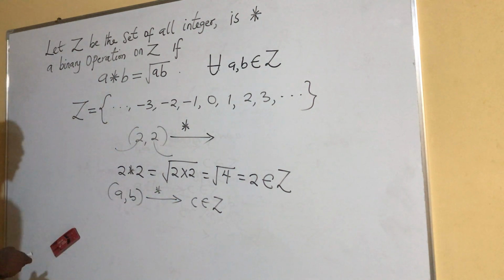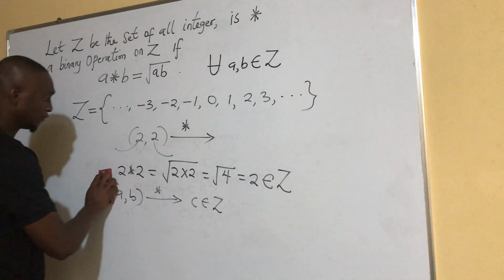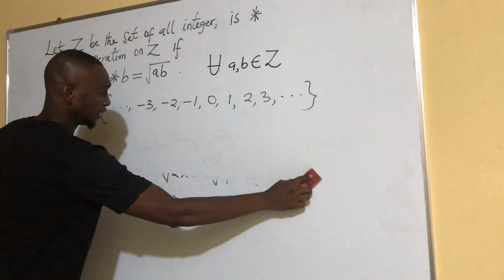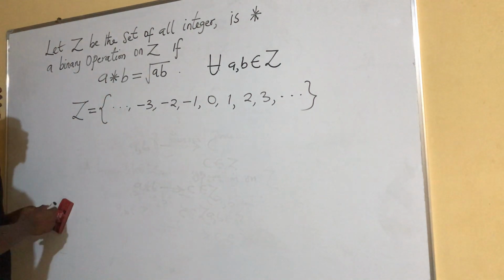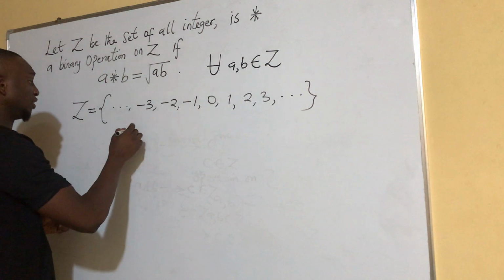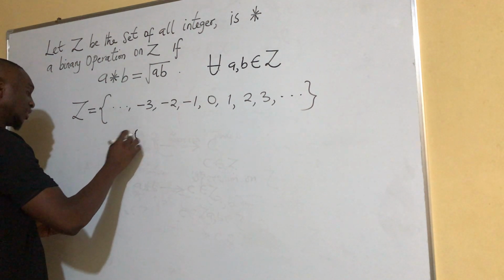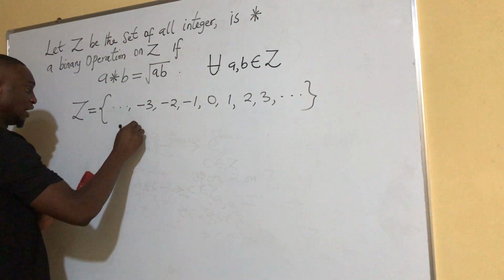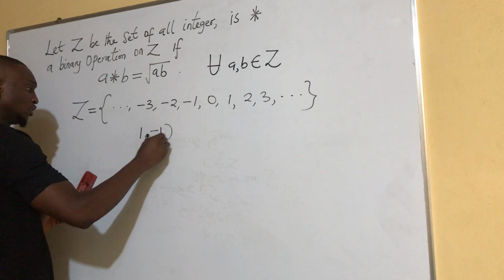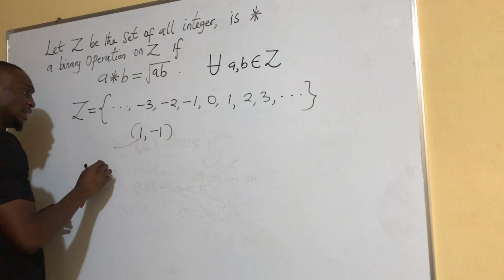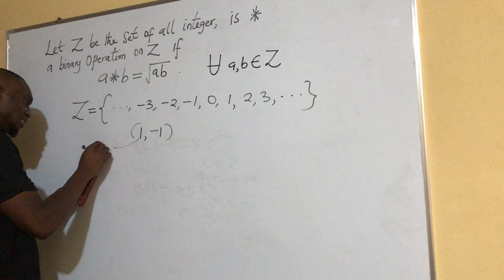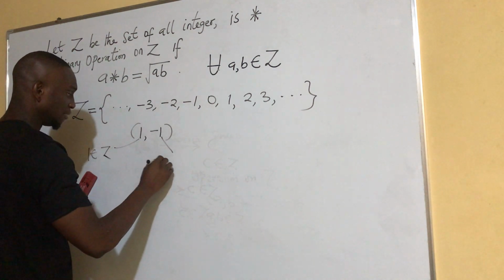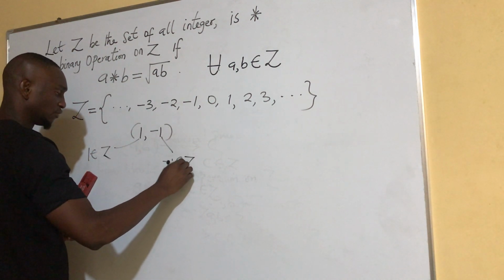Now let's see again. If we take an element from here, let's say 1 and -1. You see the first element here belongs to Z, and the second element here belongs to the set of all integers.